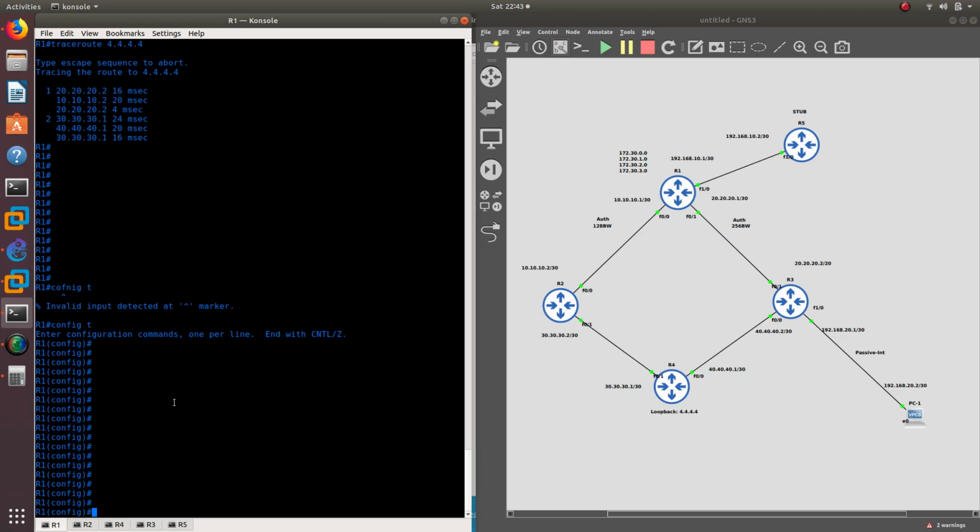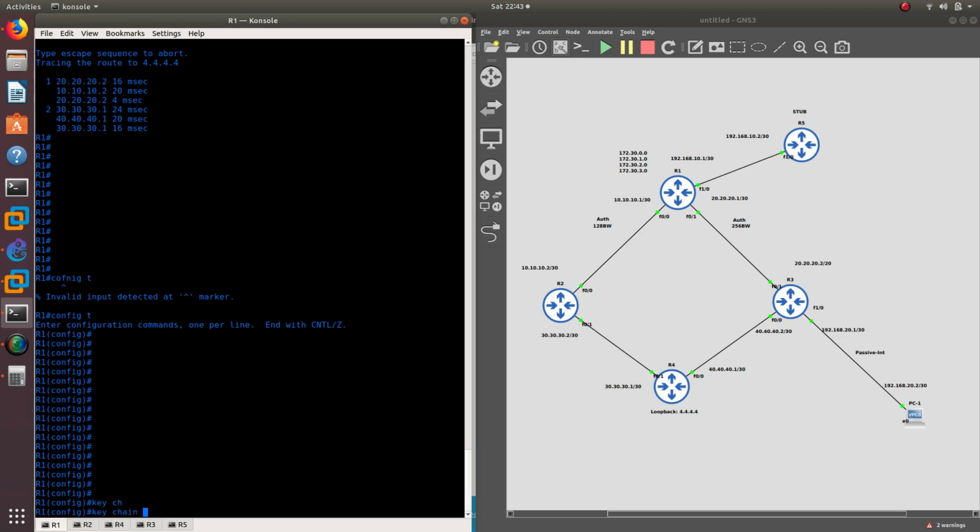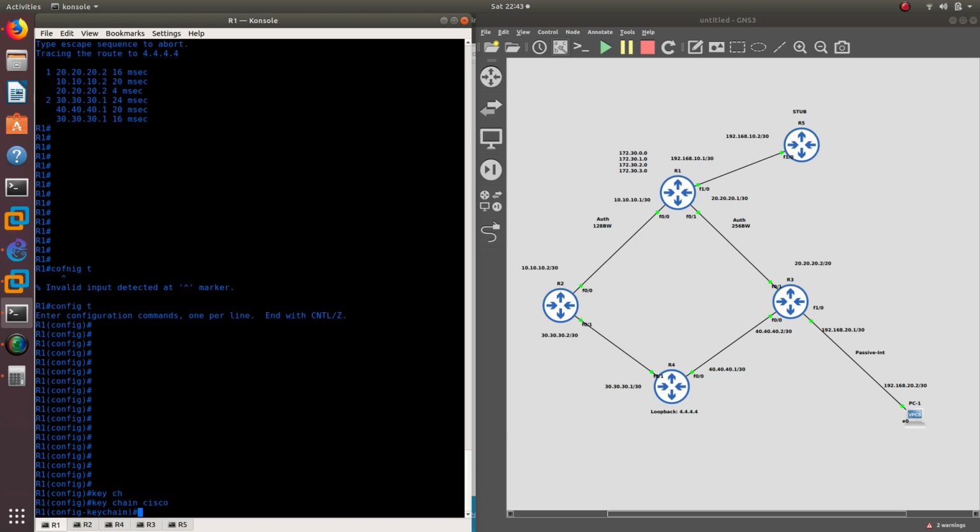So let's go ahead to router 1. What you need to do is configure a keychain, and let's call it Cisco. Actually, this name does not need to match. You can name it whatever you want. It is only locally significant. So let's go to keychain Cisco.